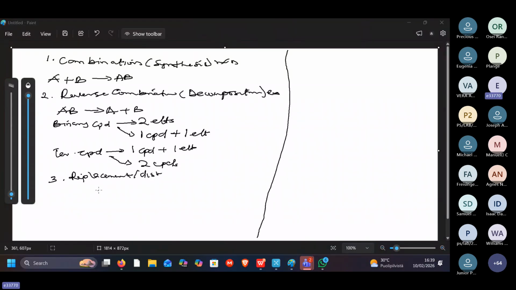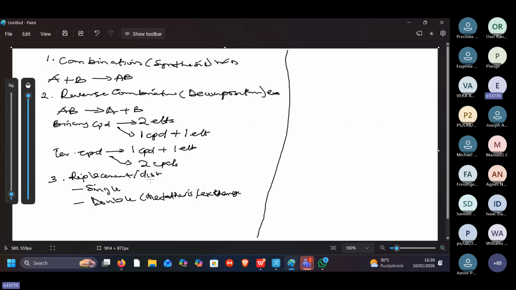We mentioned that we can either have just one element being substituted, or we can have two elements being substituted. So the double displacement, single displacement. The double displacement is also known as metathesis, or what we call the exchange reaction. So we are just exchanging elements.